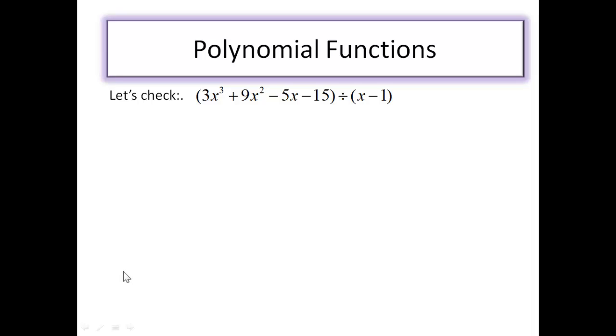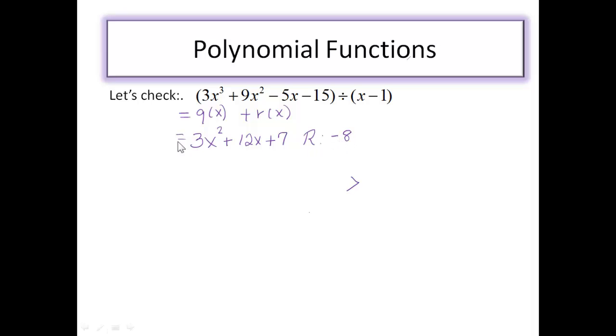So we said that this division, if we want to check it here, is equal to my quotient plus I had a remainder also. And the quotient we found was 3x squared plus 12x plus 7, and we had a remainder of negative 8.